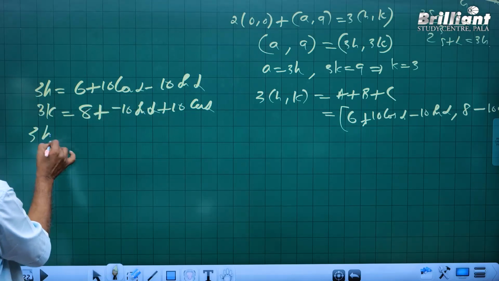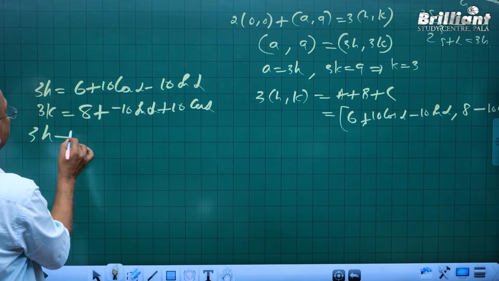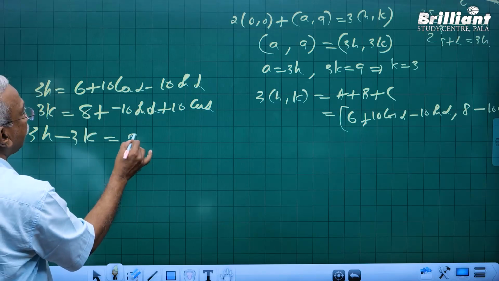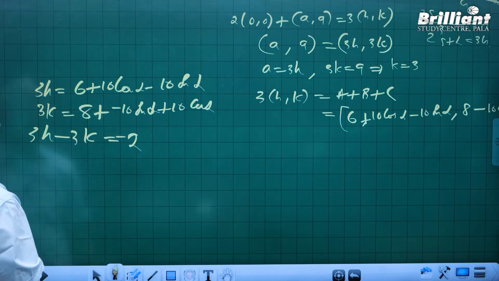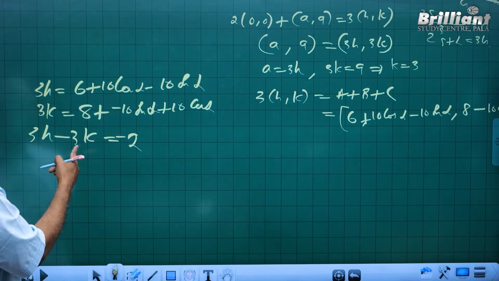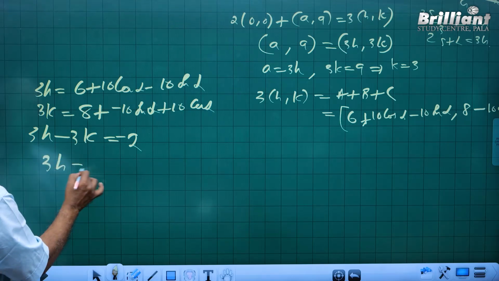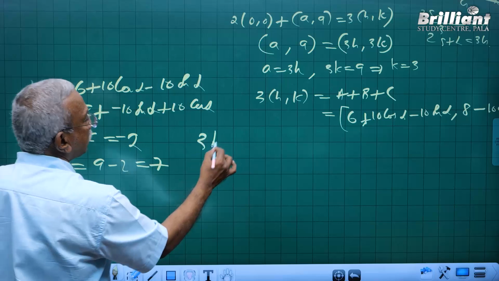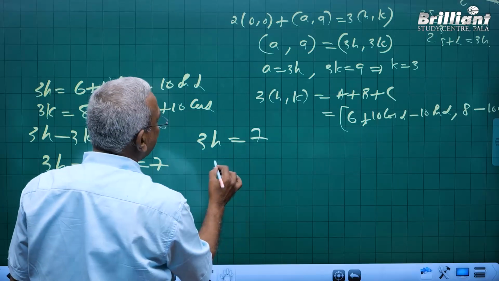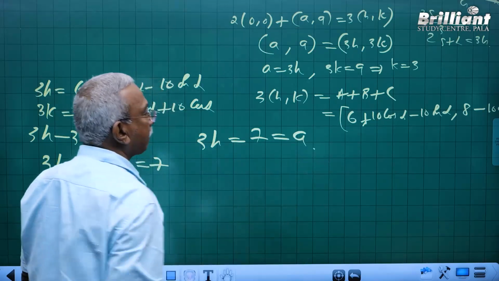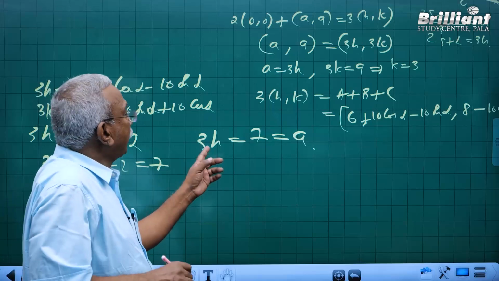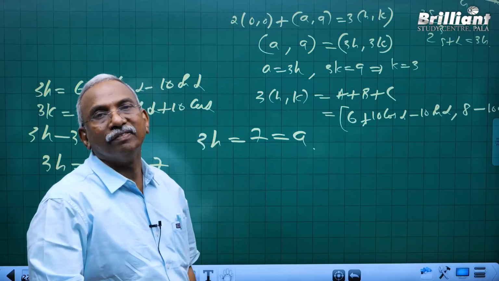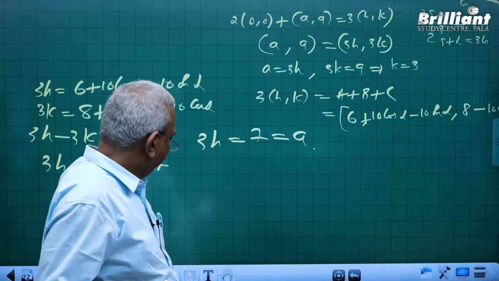So 3H minus 3K is equal to 9. Sorry, 2 minus 2 when you are subtracting them, it is 9. So 3H is equal to 9 minus 2, equal to 7. So 3H is equal to 7, which means A is equal to 7. So 3H is 7 and A is 7. These two values are there.